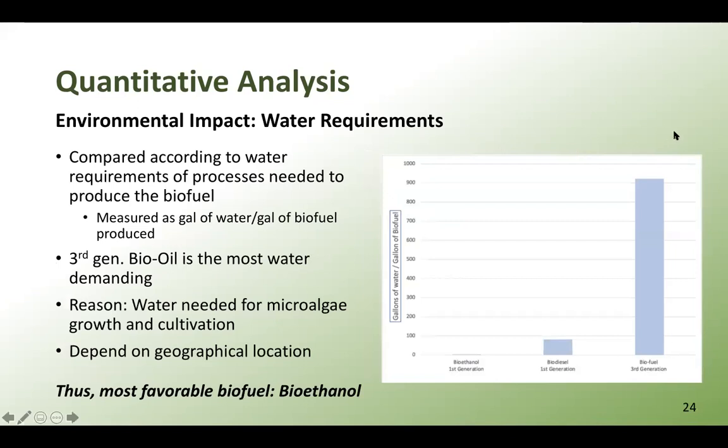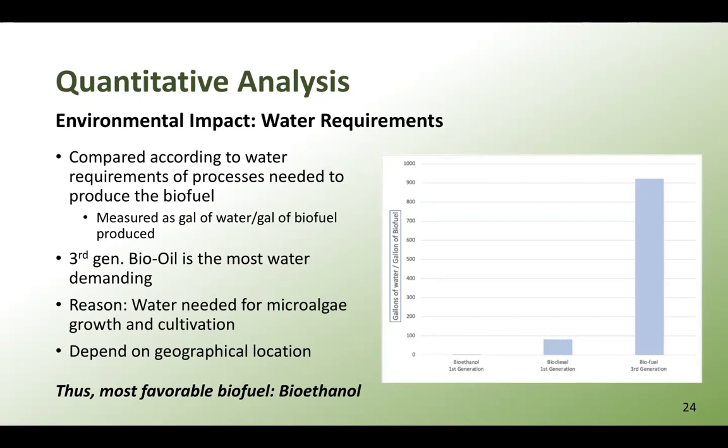As for the water requirements, we compared them using the amount of gallons of water required to produce 1 gallon of each of the three biofuels. And as we can see in this graph on the right, the third generation bio-oil requires the largest amount of water.